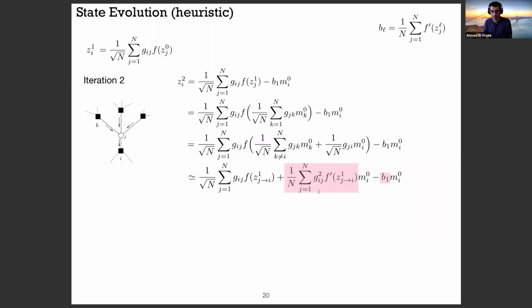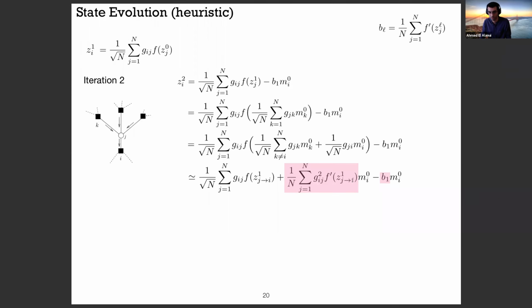And in particular, here, this is a random term, but it will concentrate just because, again, this Zj to i is independent from these Gaussian Gij's. This term will concentrate around just the average of these F primes, which is almost this, D.